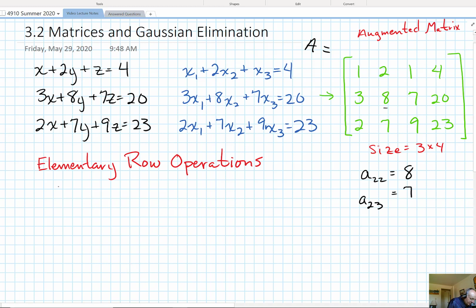Some of them are pretty basic, and you can say, oh well, of course that's not going to change anything. Let's go through them in order. The first thing we can do is multiply any single row by a non-zero constant.